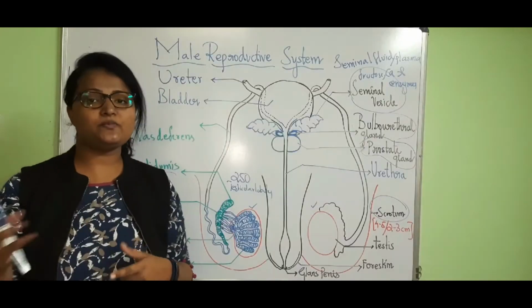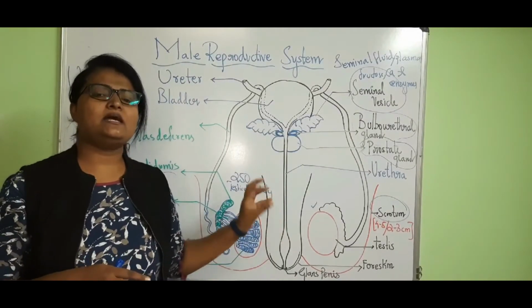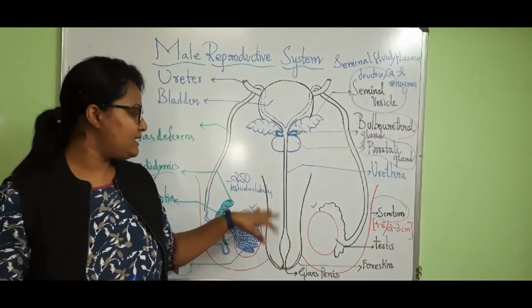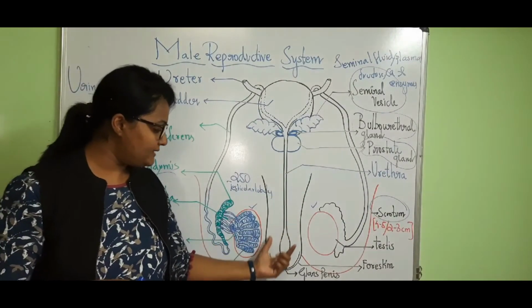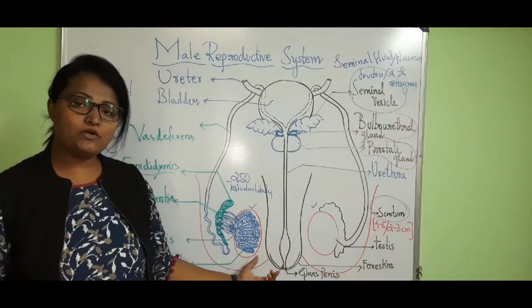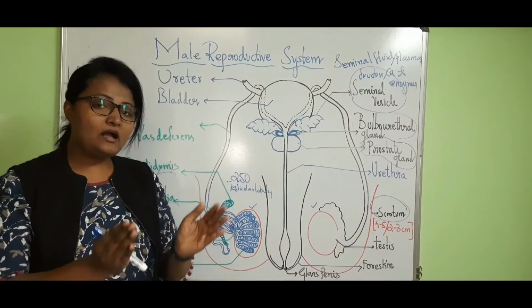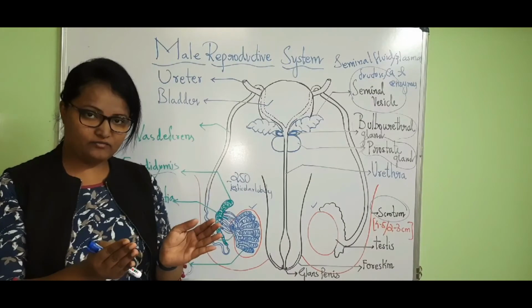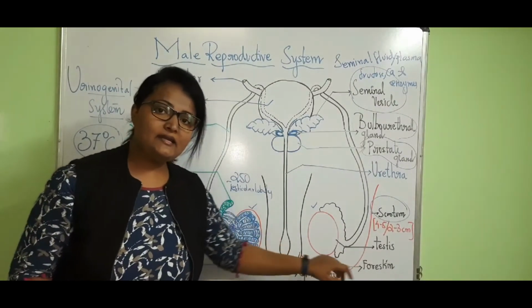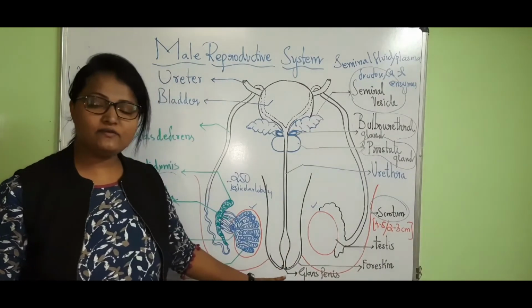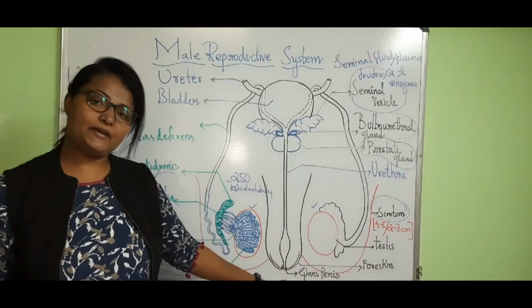That erection process is helped by the special types of tissues present in the penis. At the end there is a bulged portion with a cover. That covering we call the foreskin, and the bulged portion at the end we call the glans penis.